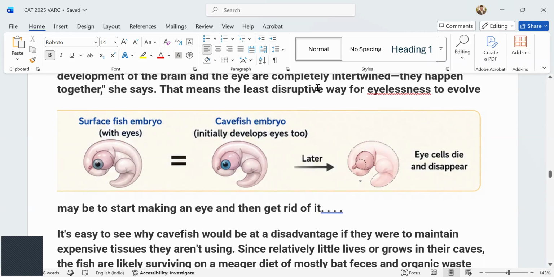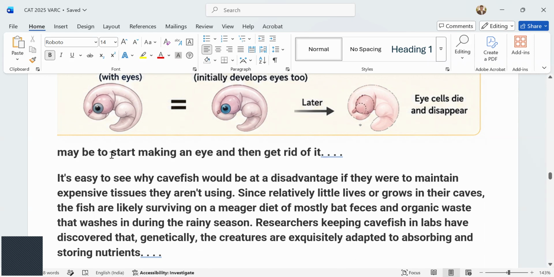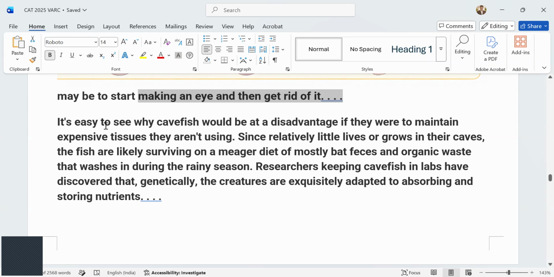That means the least disruptive way for eyelessness to evolve is maybe to start making an eye and then get rid of it. Okay. It is easy to see why cavefish would be at a disadvantage if they were to maintain the expensive tissues they aren't using. For maintaining a tissue, you need to spend certain resources, probably the nutrition that you get from your food.